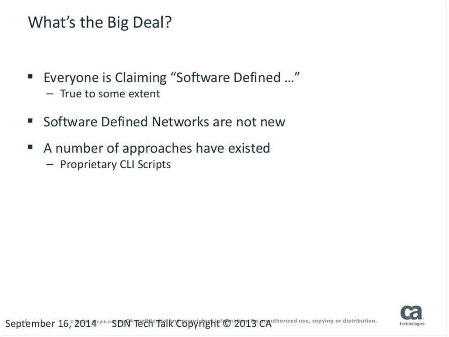There have even been standard ways to do that through Chef and Puppet to configure network-based resources. There's been NETCONF, which is an IETF standard as well, to do some of the automated provisioning and configuration of network elements. There have been XML-RPC approaches.